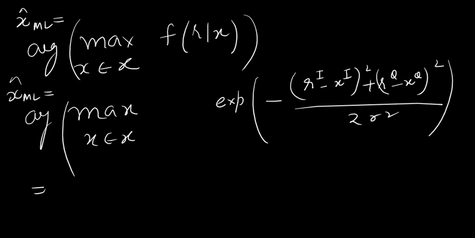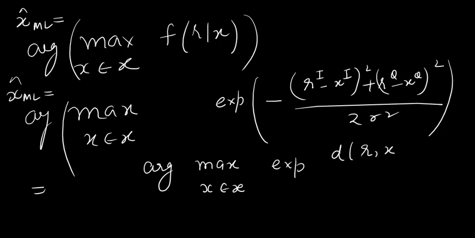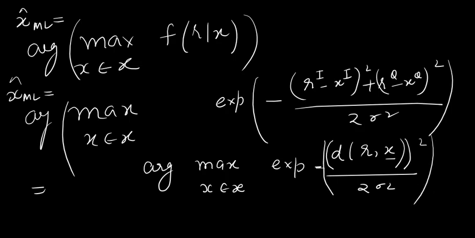So you are maximizing this. Can I write it like this: distance between r comma x whole square upon 2 sigma square? What is this quantity?